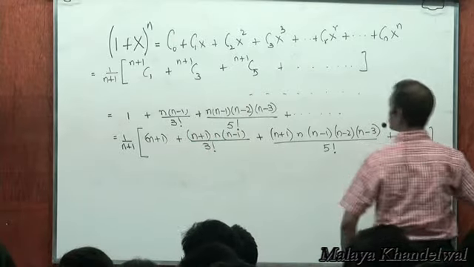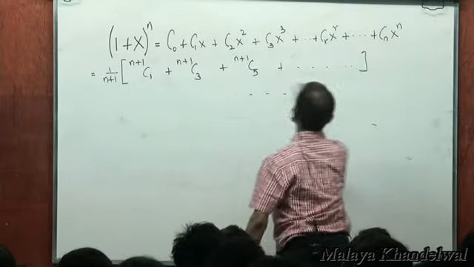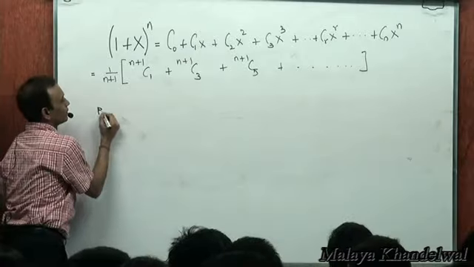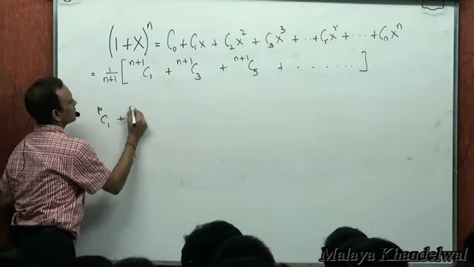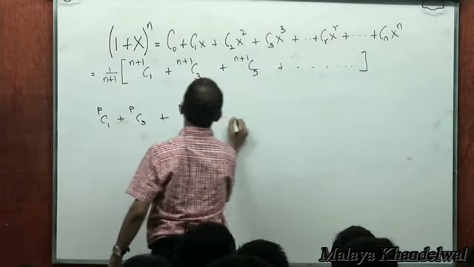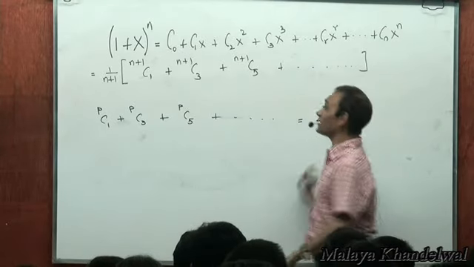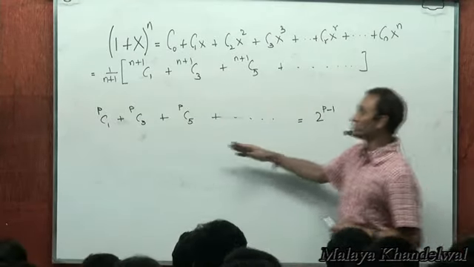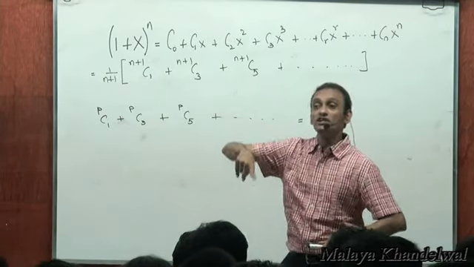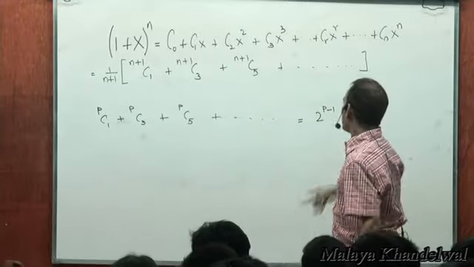Now, the result that we've learnt is the following. PC1 plus PC3 plus PC5 etc. would be 2 to the power p minus 1, isn't it? That's the result that we learned. PC1 plus PC3 plus PC5 is PC0 plus PC2 plus PC4, and each will be 2 to the power p minus 1.